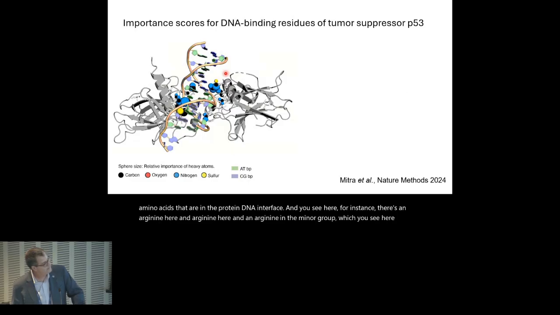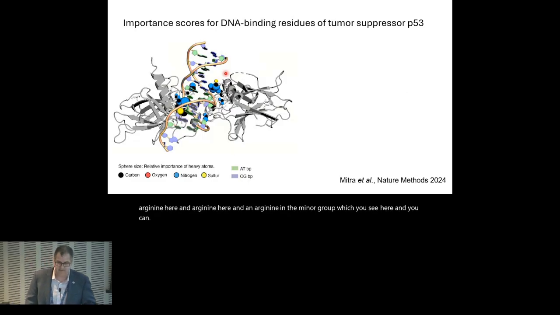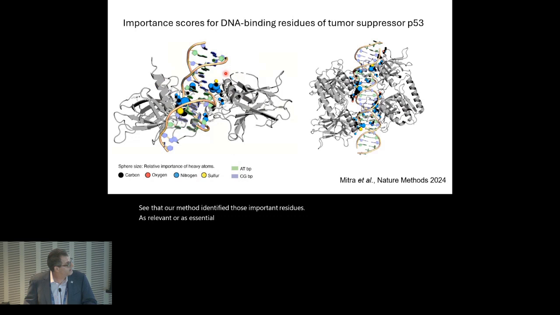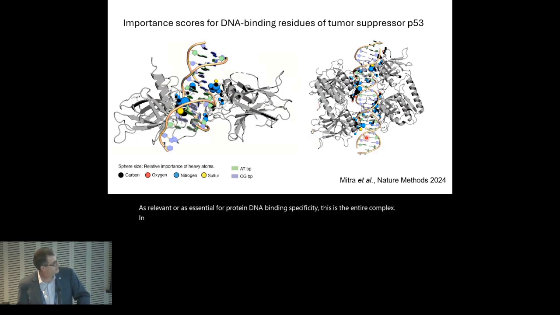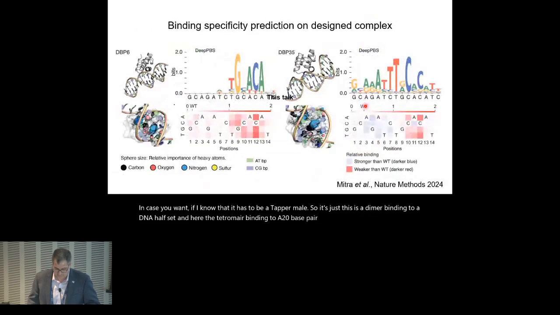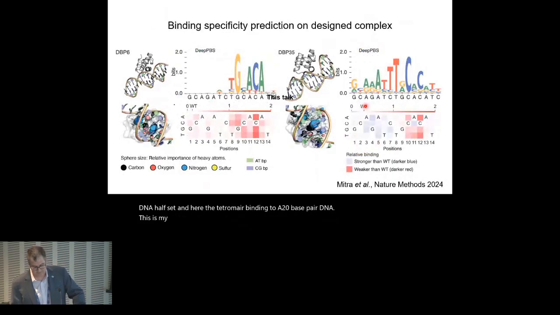And you can see that our method identified those important residues as relevant or as essential for protein-DNA binding specificity. This is the entire complex, in case you wonder, I know that it has to be a tetramer. So this is a dimer binding to a DNA half site, and here the tetramer binding to a 20 base pair DNA. This is my last data slide.